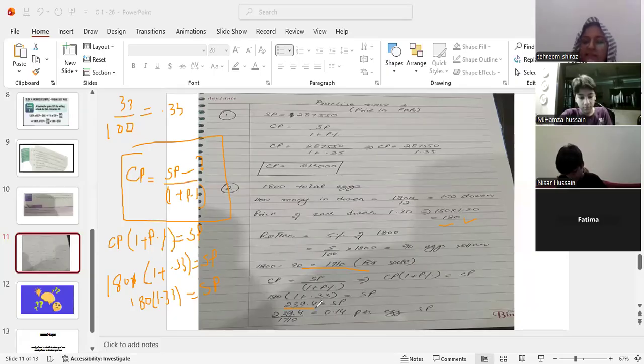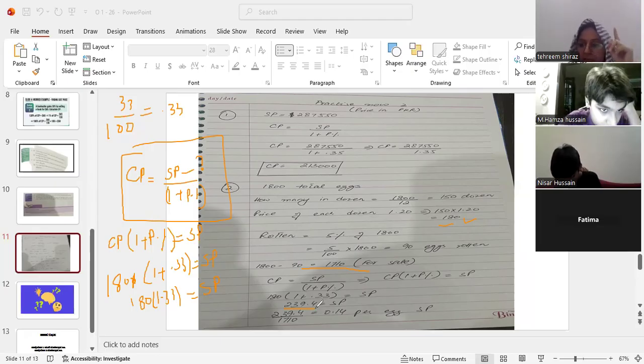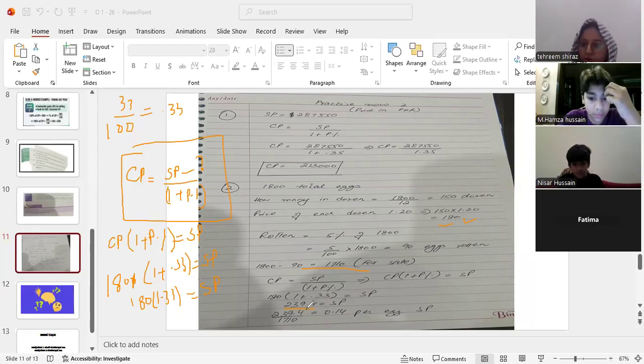Now beta, this is the sales price of the whole 1800 eggs. If he sold all the 1800 eggs, the sales price will be 239.4. But he needs to know what is the price of each egg if he wants to earn the profit of 33%.